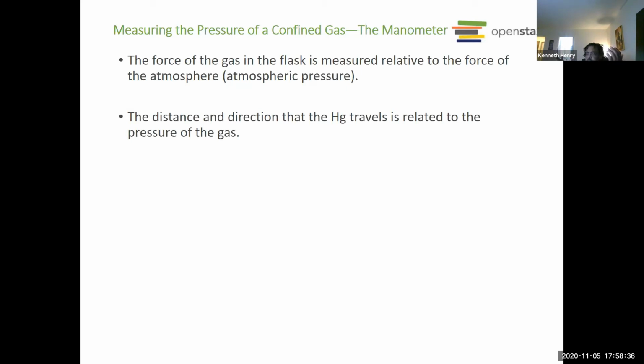Okay, piece of cake, right? Not too hard. So if it's a closed manometer, all we have to do is calculate the height, and that's it.